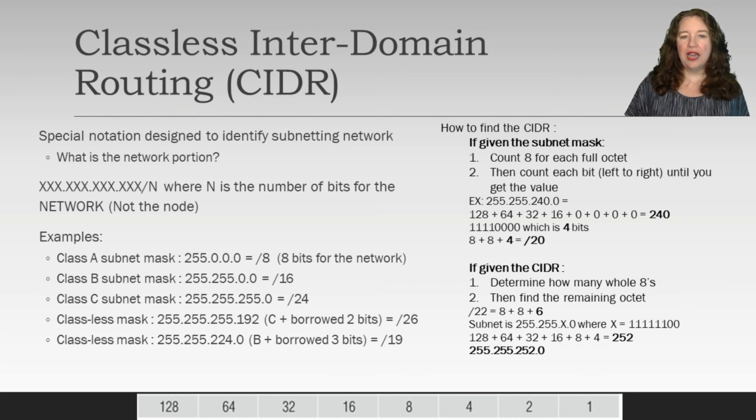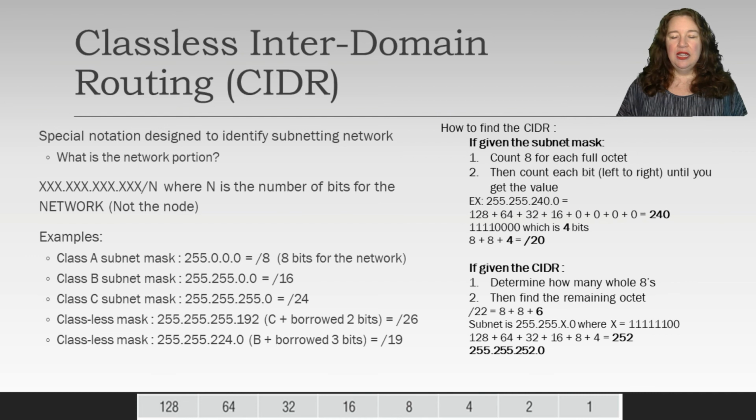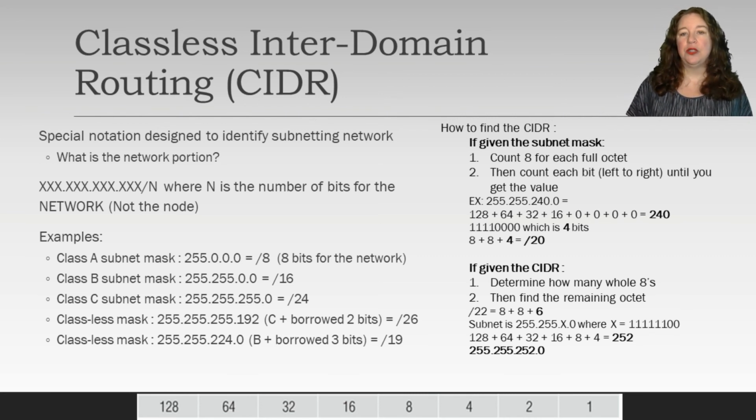So we are going to look at our 128, 64, 32, 16, 8, 4, 2, 1, and figure out how many bits were necessary to get up to 240. If you want, you can always subtract this from 255 and get how many bits weren't included. In this case, it's the same number of bits either direction.